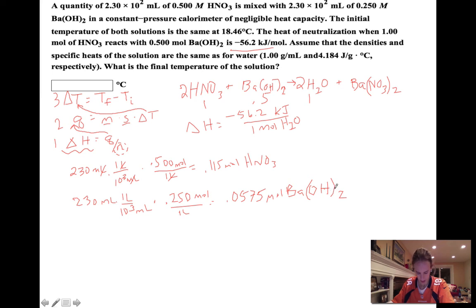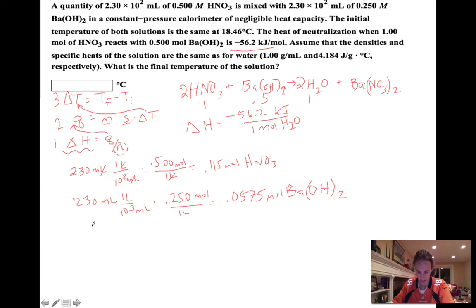Okay, so now the nice thing, I can tell because the volumes are the same and the molarity of the nitric acid is twice the molarity of the barium hydroxide, that there's twice as much nitric acid as barium hydroxide. And that's good because that's the stoichiometric ratio that the coefficients indicate. So that means that there's no limiting reactant in this problem.